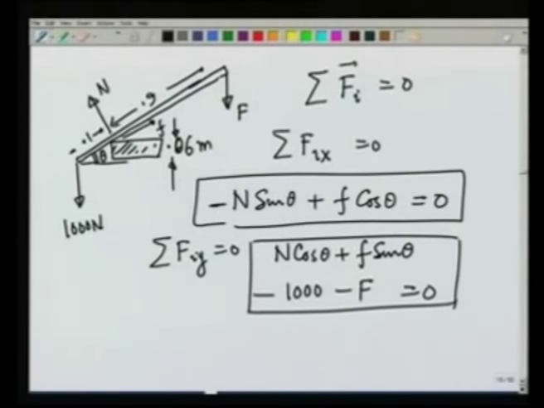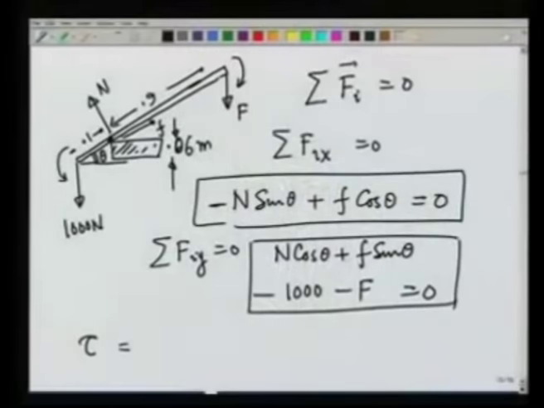How about the torque? For the torque, let us choose a convenient point, because it does not matter which point I choose. Let us choose the support right here as the point about which I will take the torque. Then you can see that this F has a tendency to rotate the rod clockwise, and this has a tendency to rotate counterclockwise, and therefore, the two are working in opposite directions. The torque, if we take this plane to be the xy plane, is going to be in the k or minus k direction, and therefore, I can just write the scalar numbers right away.